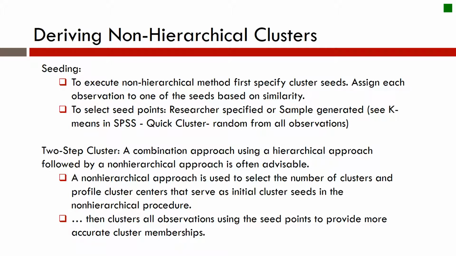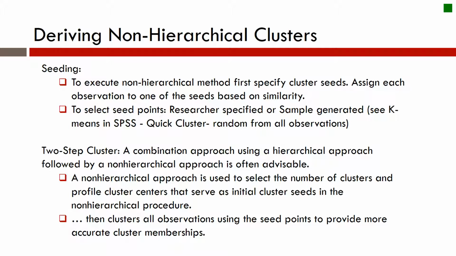The other big advantage of a two-step cluster approach is that you're allowed to use metric or non-metric data. So dichotomous, nominal or ordinal data, as opposed to strictly metric data, which would be required in the other methods. The other thing to know is that in hierarchical approaches, you need to have standardized data.